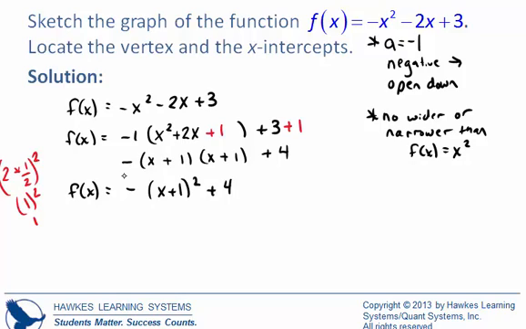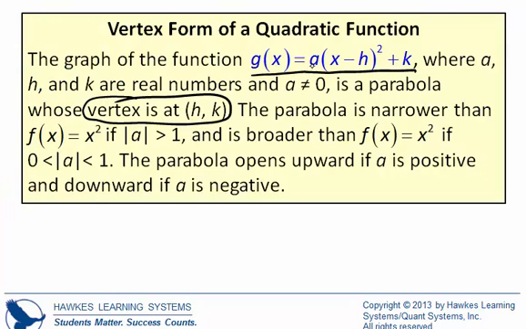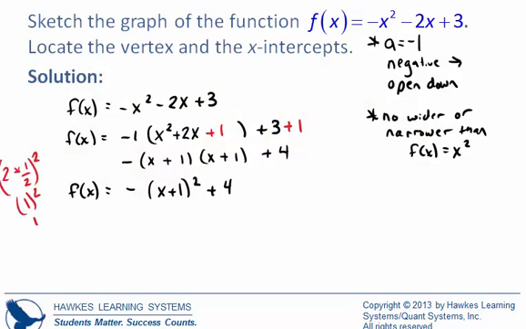Okay, so let's look back just a second at the vertex form, and let's make sure that we are right. We're supposed to have an a value in the front, an x minus h squared on the inside, and then a plus k. Okay, so let's go back to our problem. And I'm going to write that down over here so that we can be sure that we are setting this up correctly. So let's check.